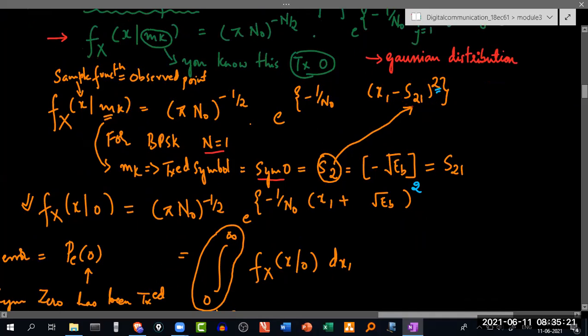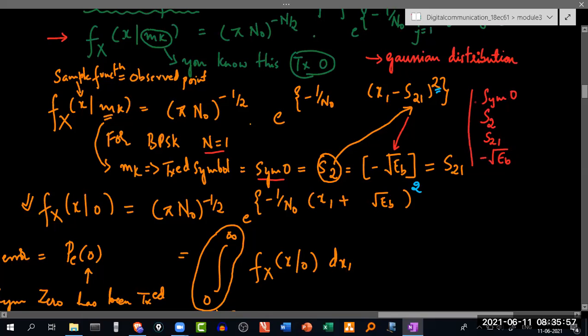And here, in place of this coefficient value h21, I can substitute the equivalent value, which is minus square root of EB. We have just seen that we make use of signal h2 to represent symbol 0, and the coefficient value h21 for this signal is minus square root of EB.